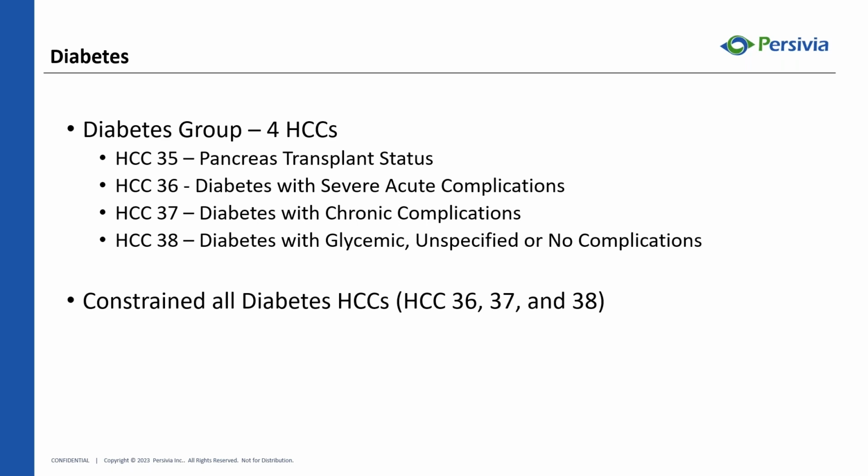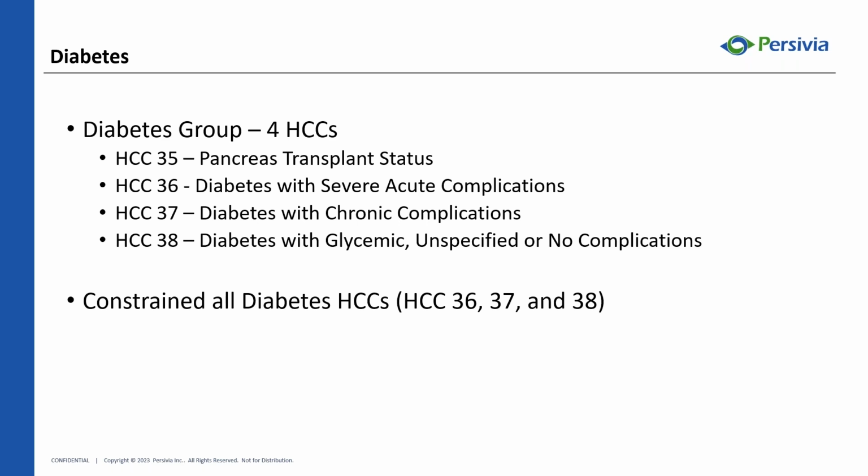HCC 35 is the new addition to the group, and it contains only one ICD-10 code, which is Z94.83. Previously, this code was part of HCC 186, major organ transplant or replacement status, under the version 24 model.